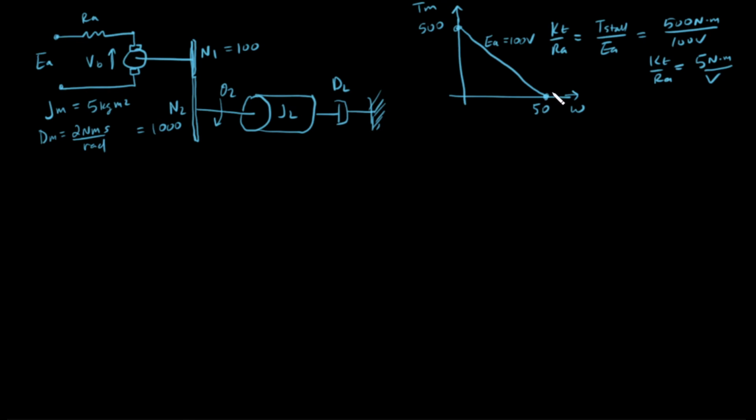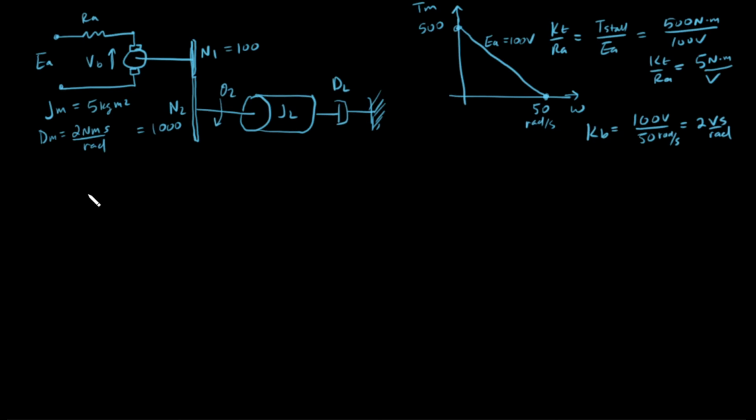And then down here, this is our KB, and we'll say that the KB is equal to our applied voltage, which in this case is 100 volts DC, and at 100 volts we got 50 radians per second. So we get 100 over 50 radians per second, which gives us 2 volt seconds per radian. Okay, so we did some testing on the motor without the load and found our torque constants.